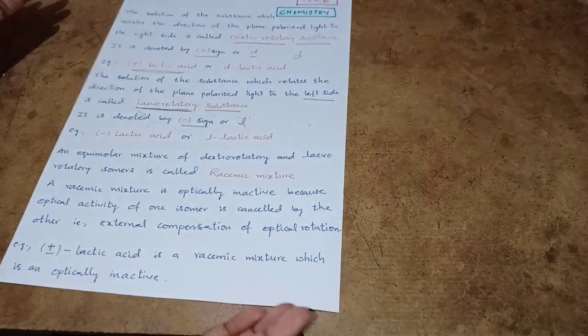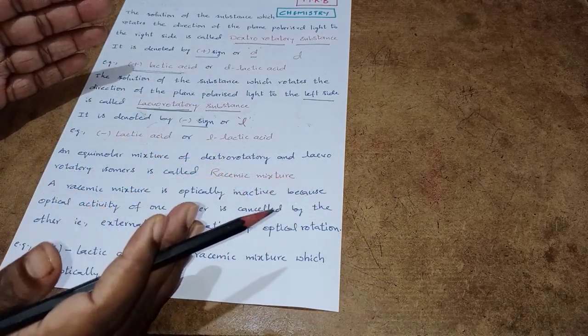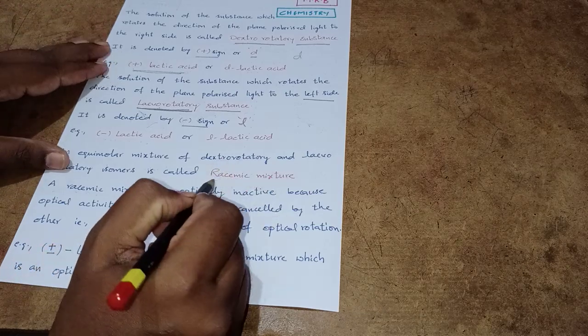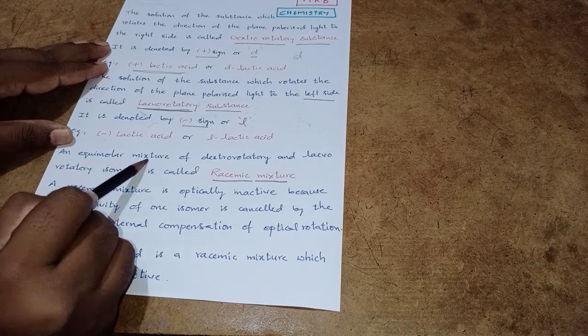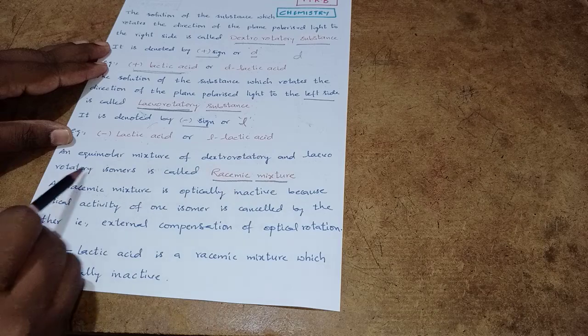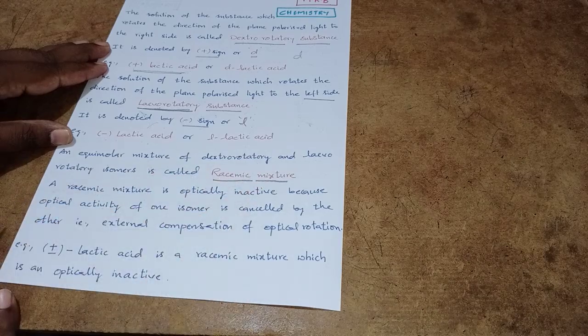What happens if I mix those two substances in equimolar ratio? Then that mixture is called a racemic mixture. An equimolar mixture of dextrorotatory and levorotatory isomers is called a racemic mixture.